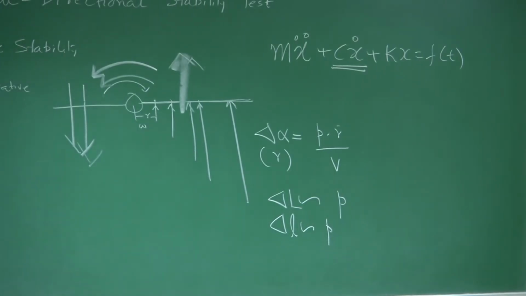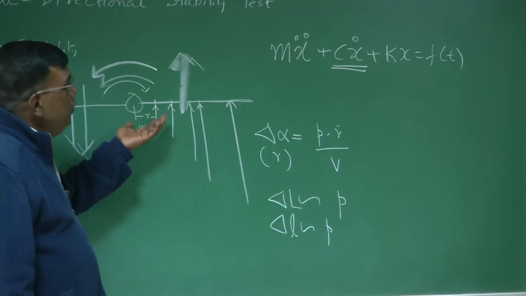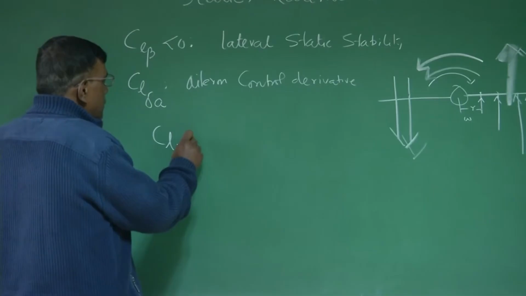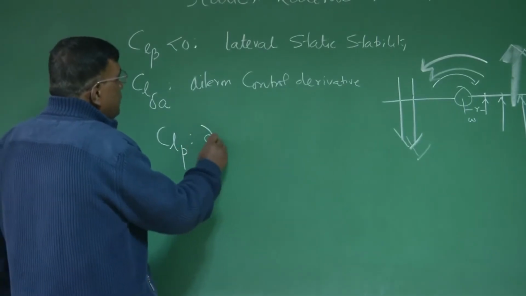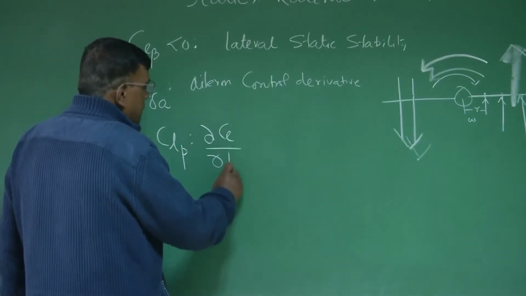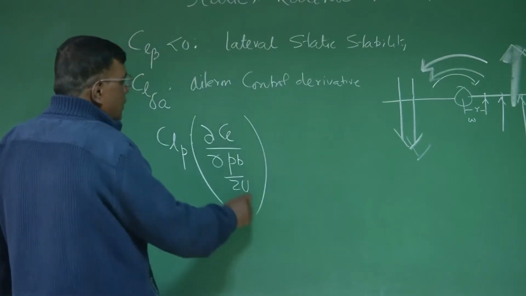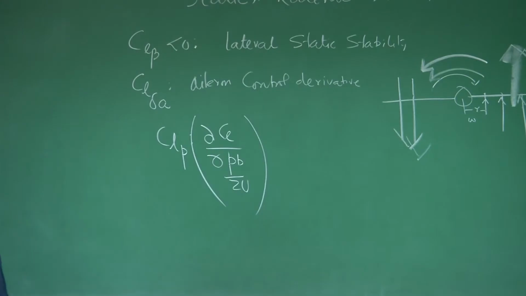So you have a damping also in roll, and that rolling moment is represented as CLp, which you know all very well. This is p b by 2U. This p is non-dimensionalized by multiplying by b by 2U, and that you know from other lectures, from other courses we have done.